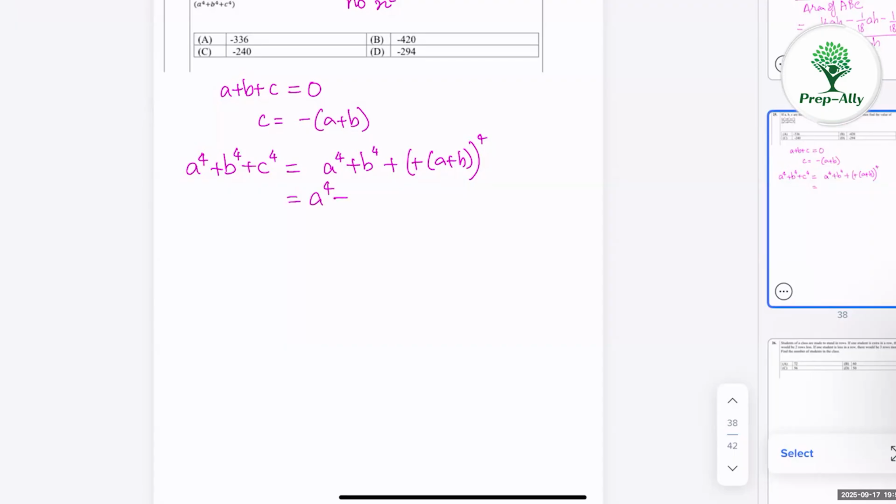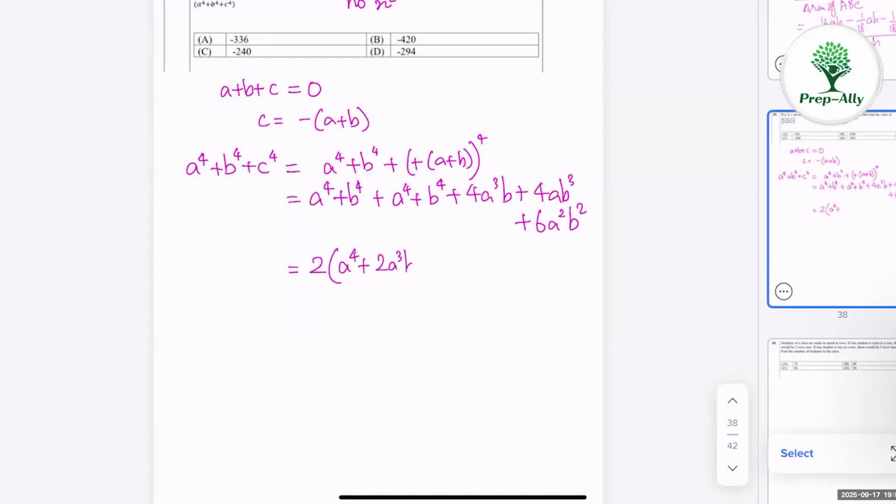So we have a power 4 plus b power 4 plus a power 4 plus b power 4 plus 4a cube b plus 4ab cube plus 6a square b square, which is equal to 2 times a power 4 plus 2a cube b plus 3a square b square plus 2ab cube plus b power 4, right?